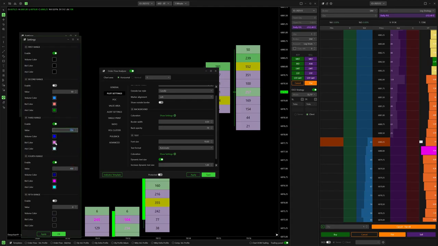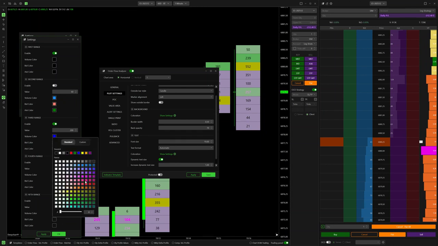With the 200 is light blue, light purple, light pink. 400% is punchy blue, punchy pink. You could even get crazier with this. You can have a fifth range when there's a 600 or 1,000% imbalance, and put it in, I don't know, a very different color, red, for example.